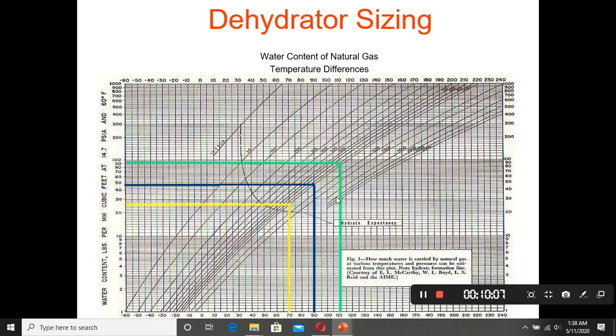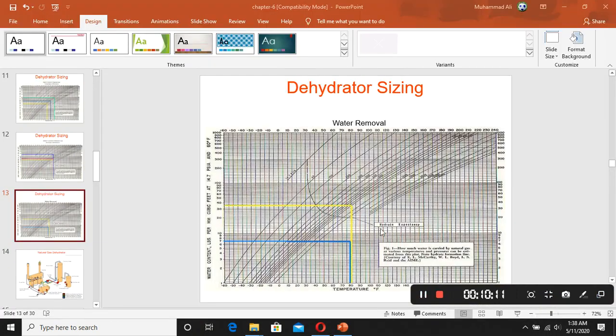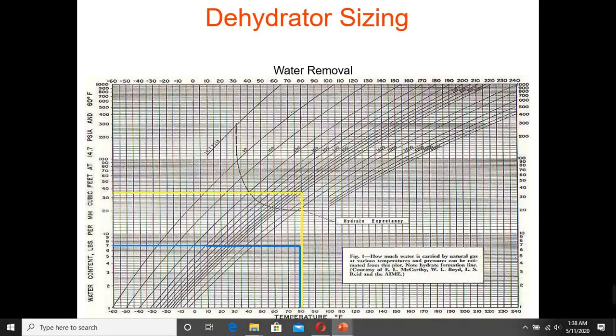Now this chart shows how much water is carried by natural gas at various temperatures and pressures. For example, the bottom axis is the temperature, and these lines are for pressure.